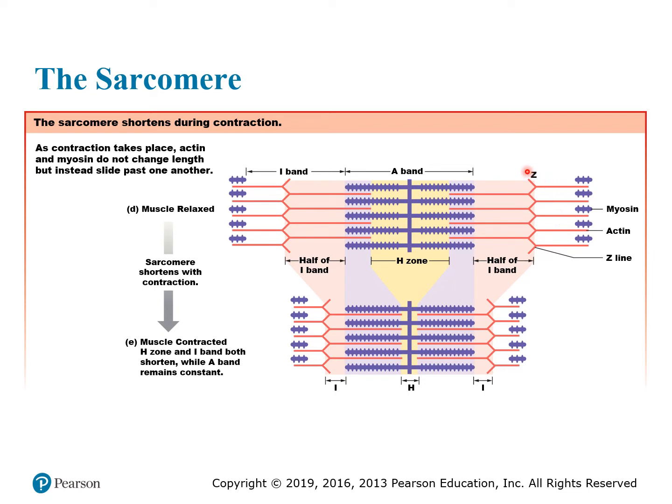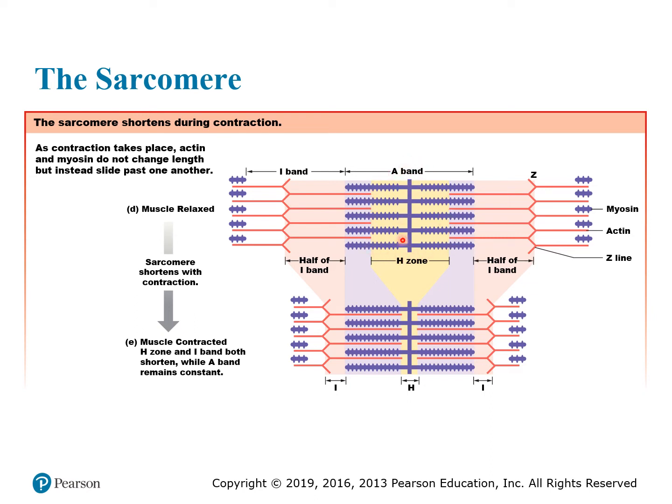This region right here, where you only have thin filaments, we refer to as the I band. This whole entire area where you have all of your filaments, both myosin and actin, we refer to as the A band.